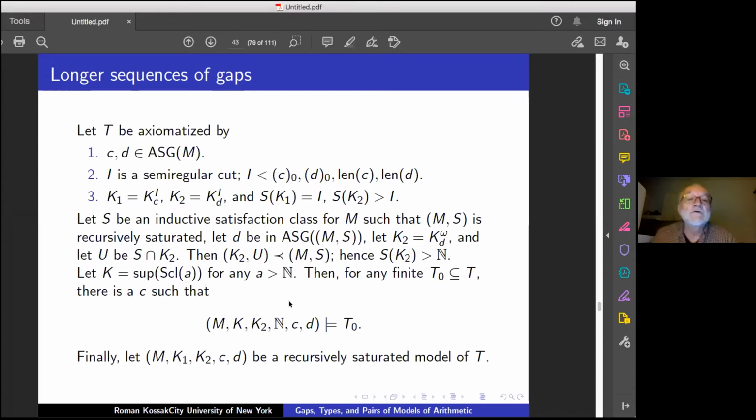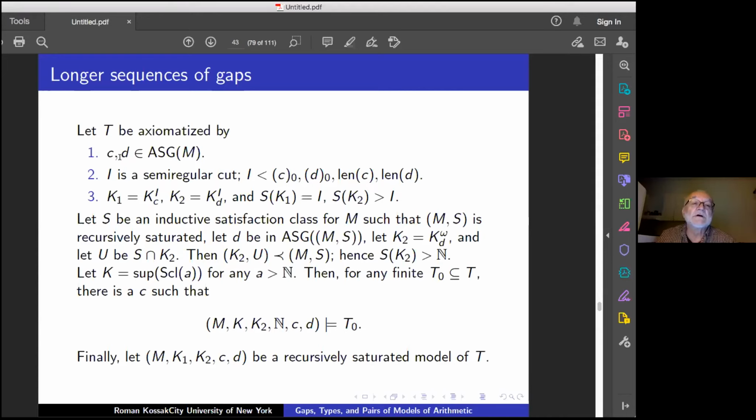To get the example, we do the following. We write a theory. We add new constants to the language, c and d. We add predicates for a semi-regular cut, and predicates for those two elementary submodels, K1 and K2, and we list the requirements.